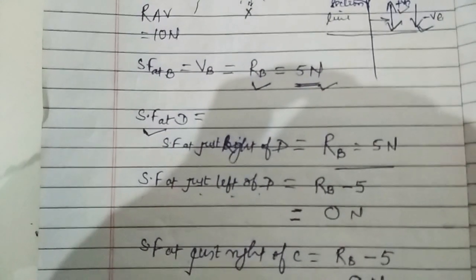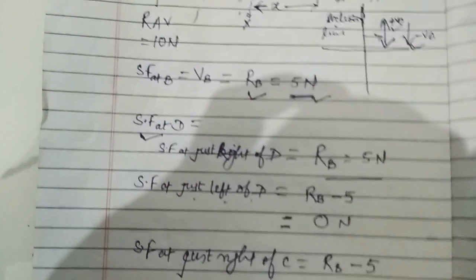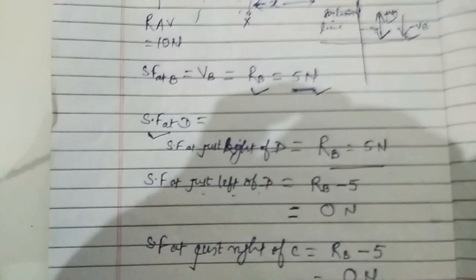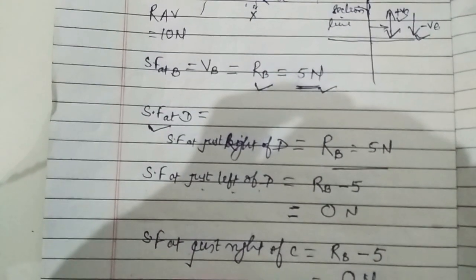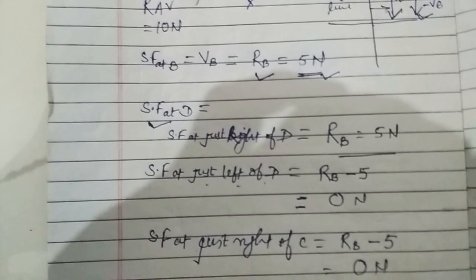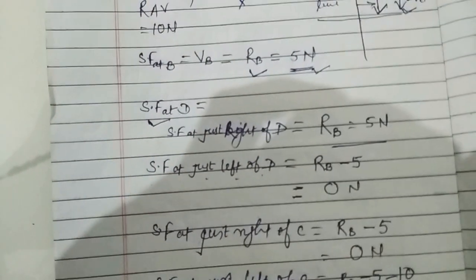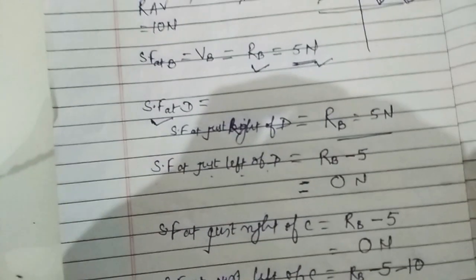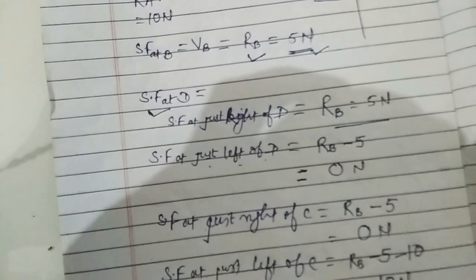And finally, the value of shear force at point A will be RB minus 5 minus 10, that is minus 10 Newton, or RA minus RA, that is minus 10 Newton, right?